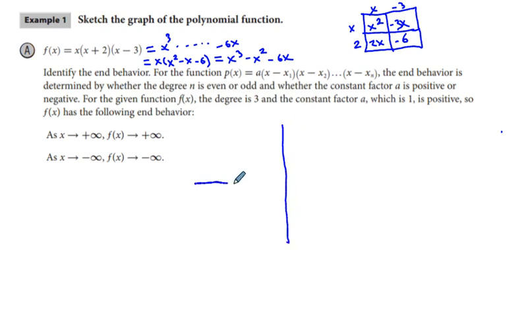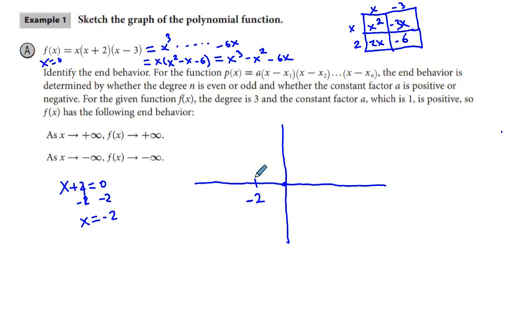Our x-intercepts here are going to be, if we solve this, x is equal to 0. So 0 is an x-intercept. We have x plus 2, our second factor, equal to 0. Solving for this factor, x is equal to negative 2.